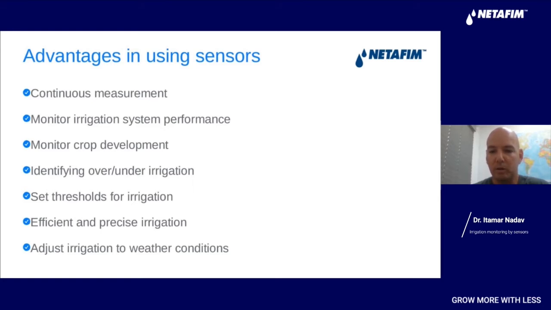We can monitor the crop development to see if it's on the right pace. We can identify over and under irrigation, set thresholds for irrigation, give efficient and precise irrigation, and adjust the irrigation according to the weather conditions of the surroundings.